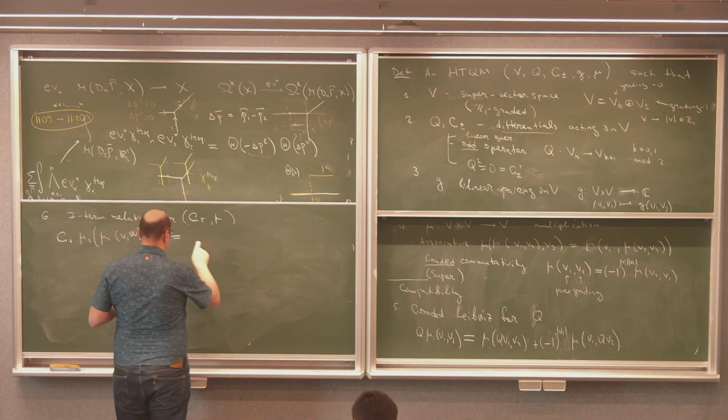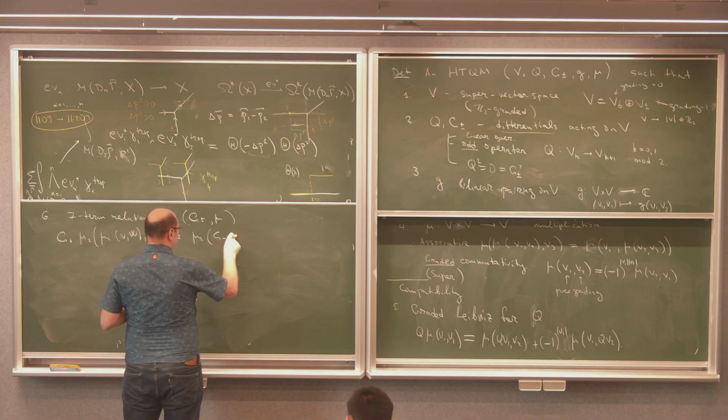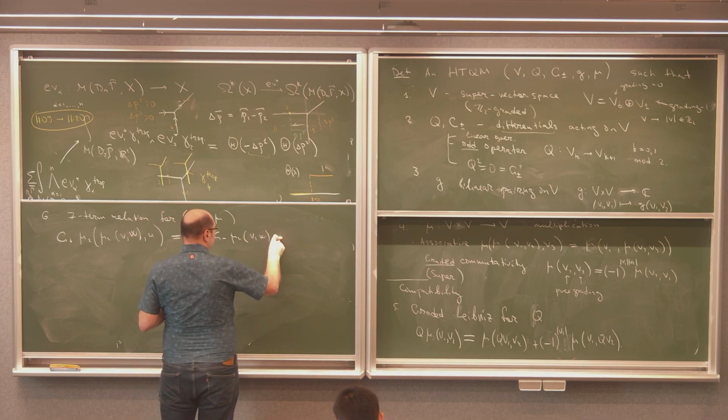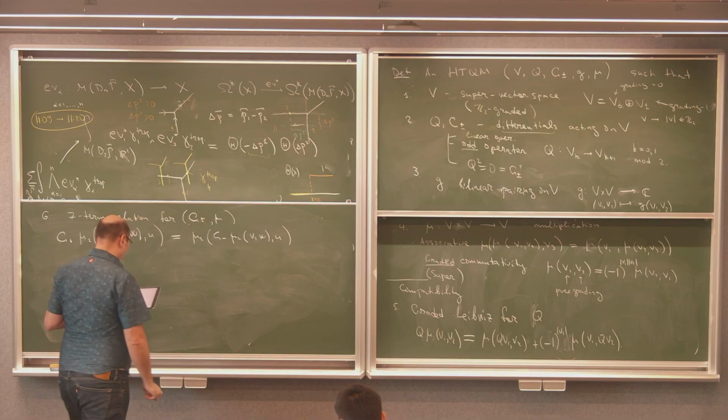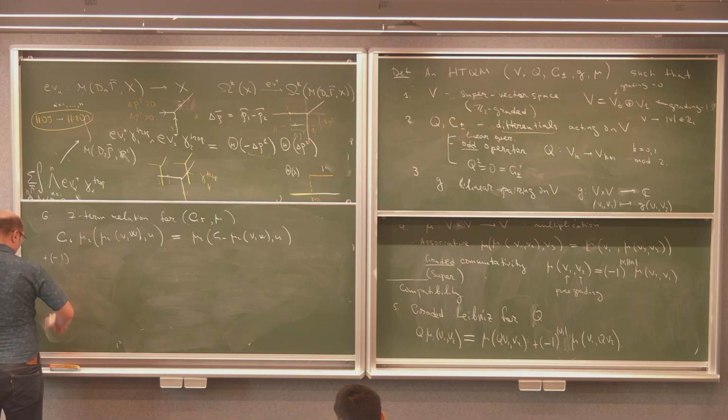Okay, let me, for the sake of saving time, just work up to a sign. There will be some signs which you can look up. So let me just write it structurally.